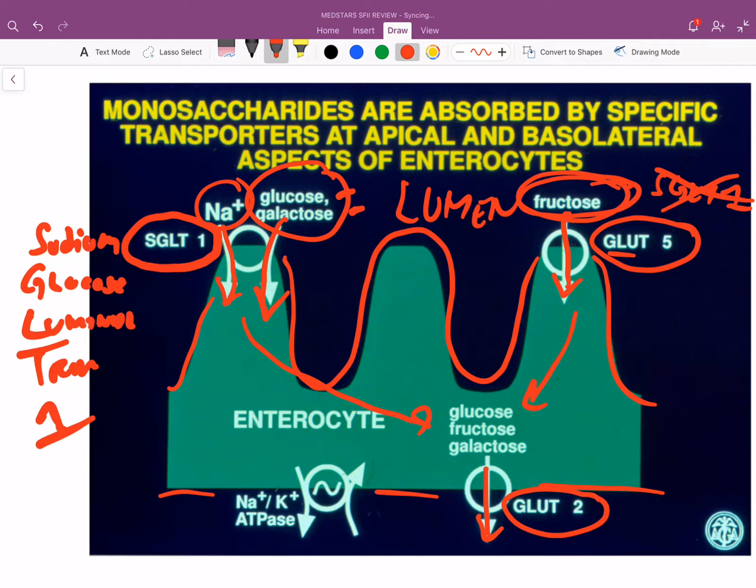Glucose and galactose use a sodium symporter called SGLT1, and fructose uses GLUT5 to get into the cell. Then once they're inside the cell, all of them use GLUT2 to go outside the cell.